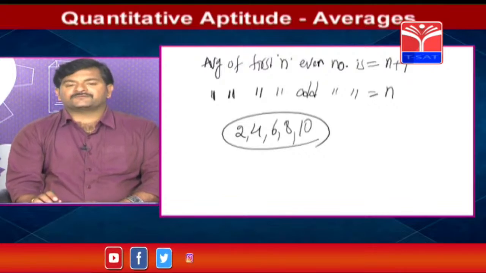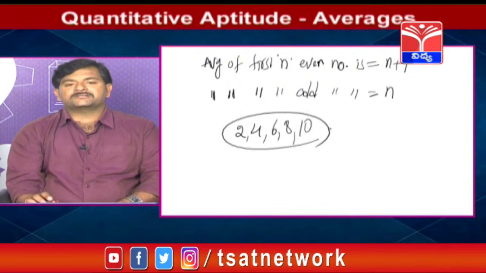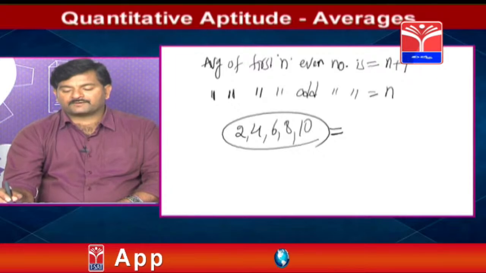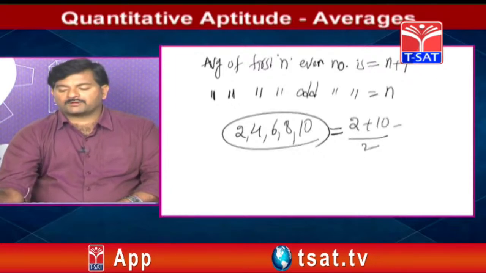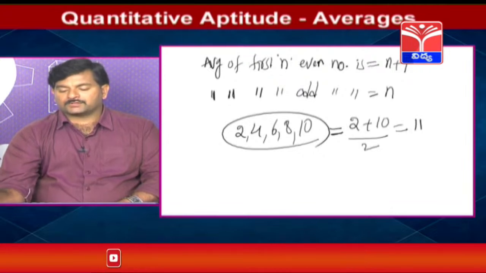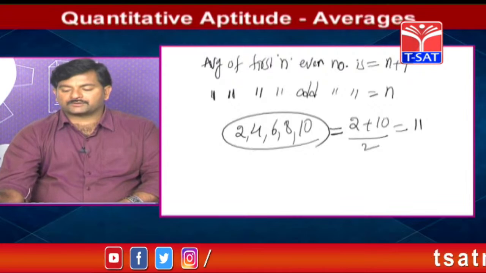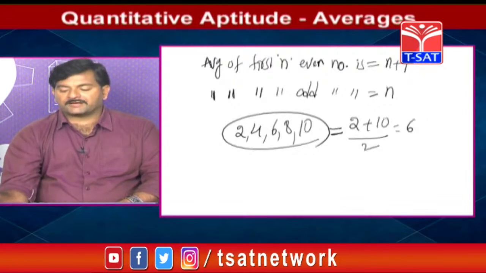Can I say these are the first 5 even numbers? Yes. Can I say they differ by a constant term? Yes. The difference is 2, 2, 2, 2. The formula is first number plus last number by 2. That is 12 by 2, which is 6.